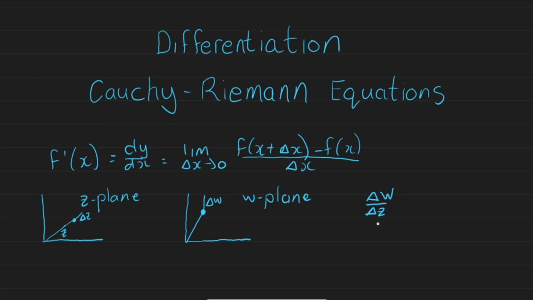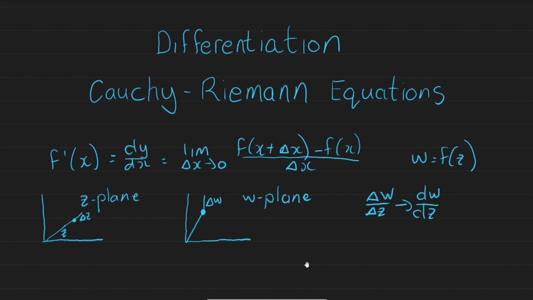This is essentially what we want to establish in terms of the derivative, and we would consider the limit as delta z approaches 0. We also know that w is equal to some function of z. So we actually want to determine dw/dz. That is the derivative. How much does w change when z changes?